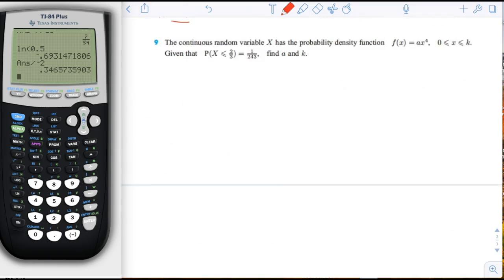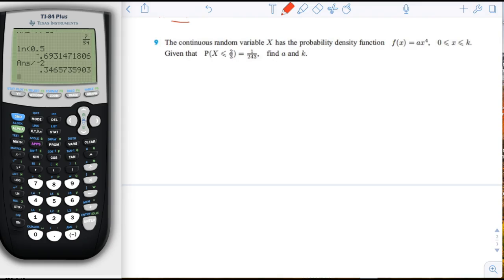Okay, last of all, the continuous random variable x has the PDF, f of x equals ax to the fourth. The interval is between 0 and k. Given that the probability of x is less than or equal to 2/3 is equal to 1 over 243, find a and k. Okay, so let's see.